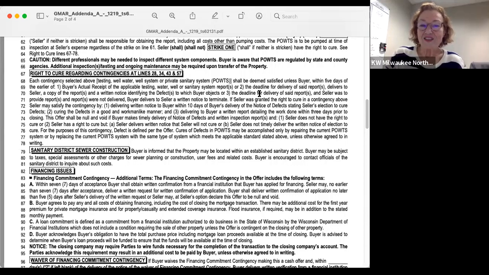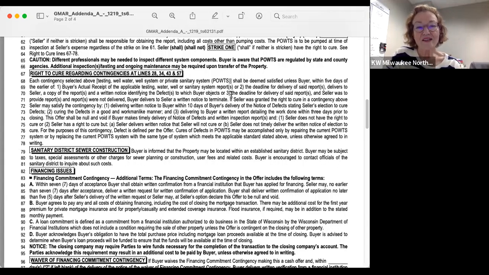It means that the contingency shall be deemed satisfied unless the buyer, and this is buried in tiny little print, make sure you see it, within 5 days of each contingency selected above, testing, well water, well system, POUTS, is the earlier of an actual receipt of the applicable testing, water, well system, sanitary system reports, or the deadline for delivery of these reports, delivers a copy of the reports and a written notice identifying the defects to which the buyer objects.